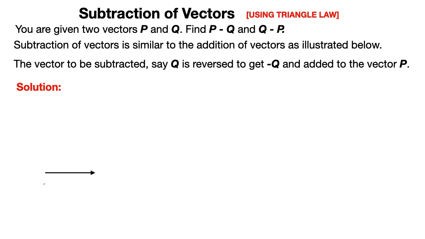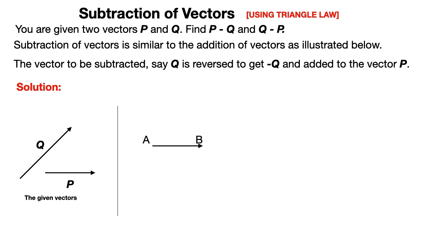For the solution, let's consider the given vectors P and Q. Vector P is represented by AB, and Q by BC.